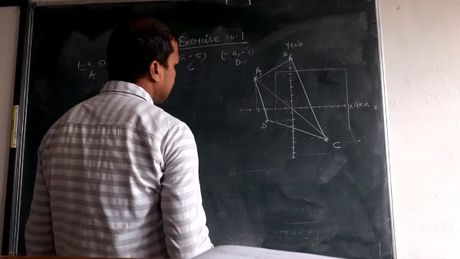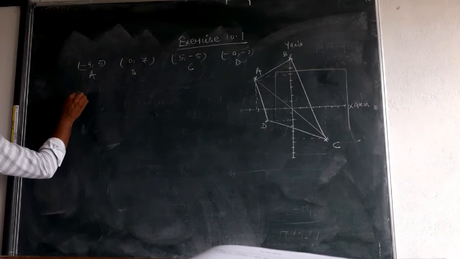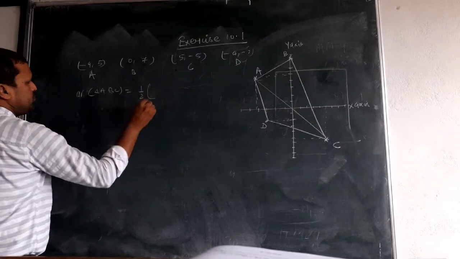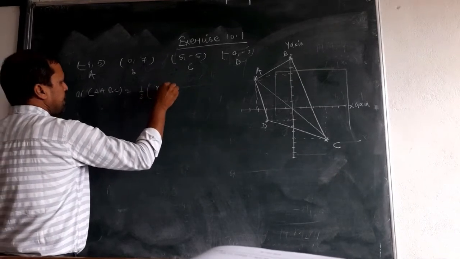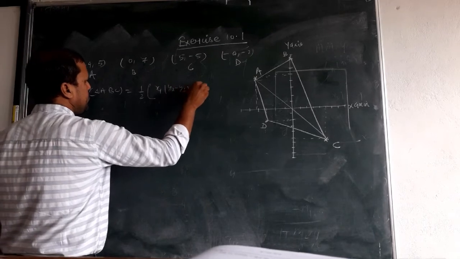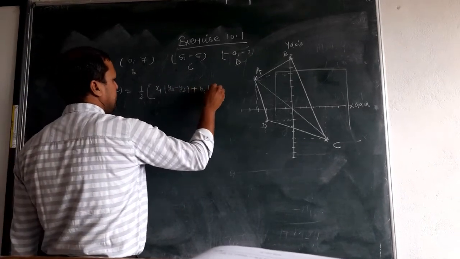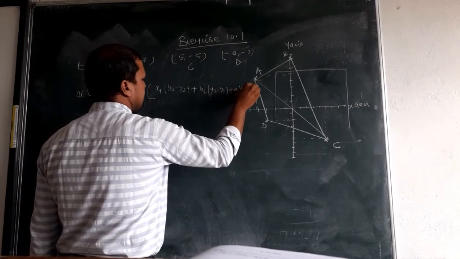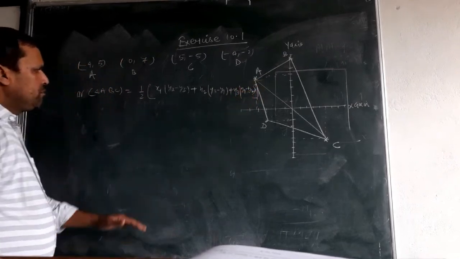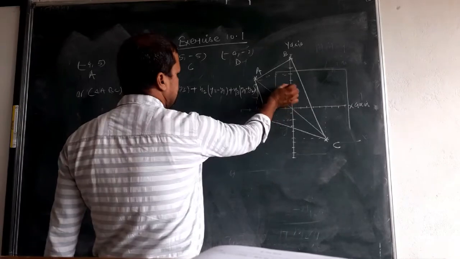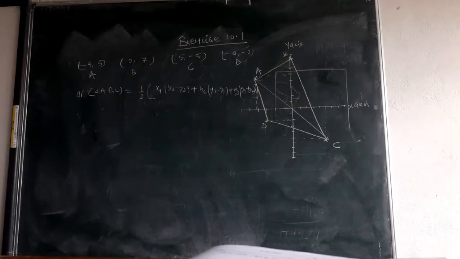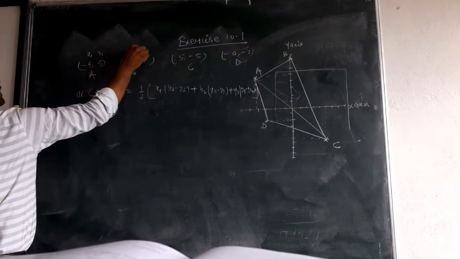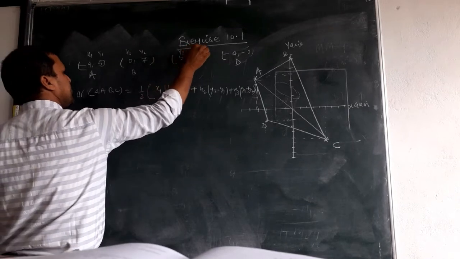Now the area of triangle ABC is equal to 1 by 2 [x1(y2 minus y3) plus x2(y3 minus y1) plus x3(y1 minus y2)]. By using this formula, you can find the area where points A, B, C are given. They are x1, y1, x2, y2, x3, y3.